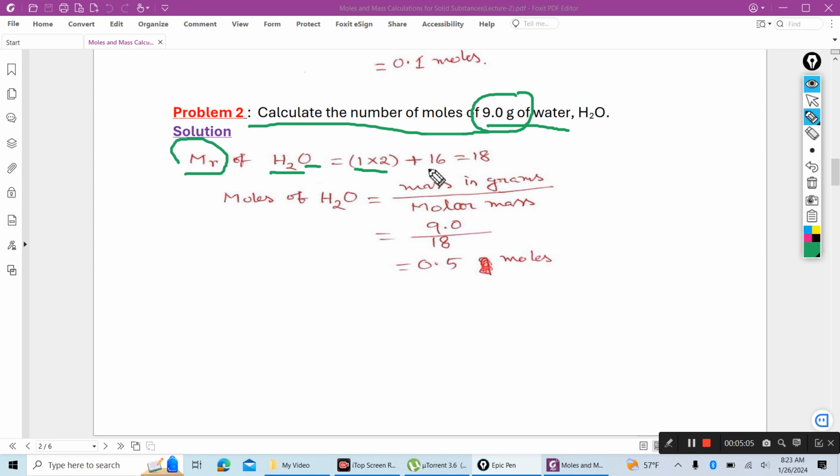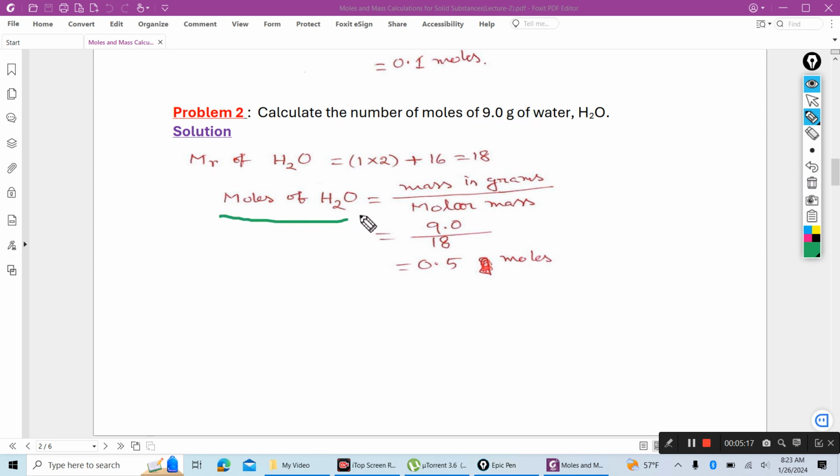If you add relative atomic masses, you will get relative molecular mass or relative molar mass. Then moles of water, solid formula: mass in gram is given, 9, divided by molar mass. I calculated 18, so you write 18. Then we get 0.5 moles of water.